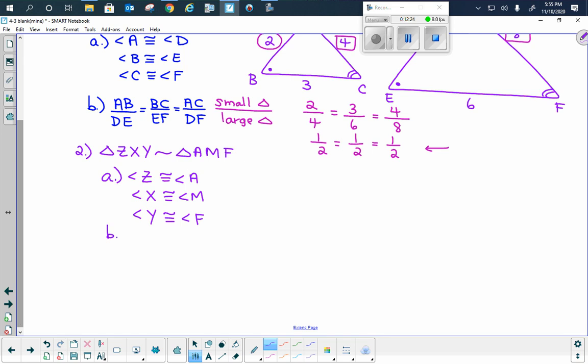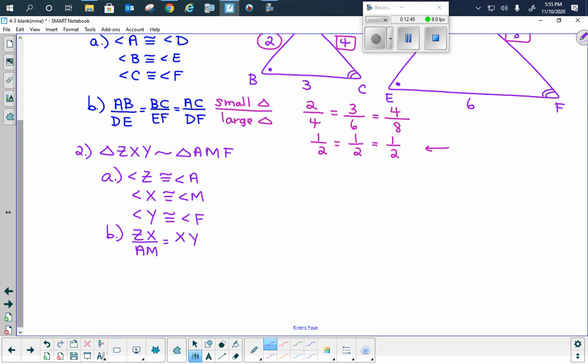All right, B, they're asking us to write all the ratios of the corresponding sides. So the first side would be ZX because it's the first two letters, and they would be over the first two letters in the next triangle, AM. Now I'll go to the second and third letters.